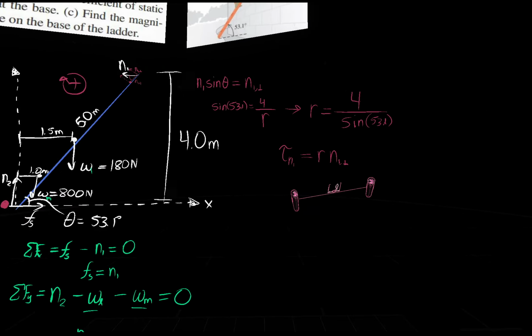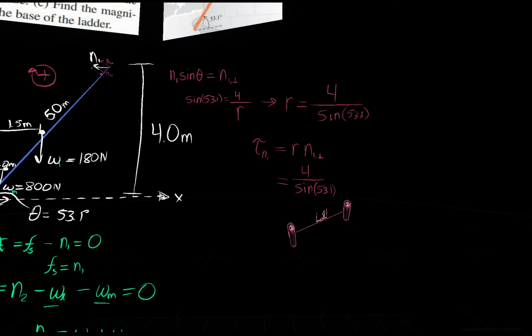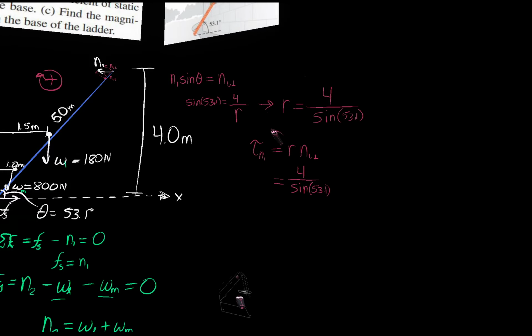So that's what we can do now. We can say r is 4 over sine 53.1, and then this guy up here is N1 sine, and I wrote theta up there, but I will write it fully out here, 53.1.